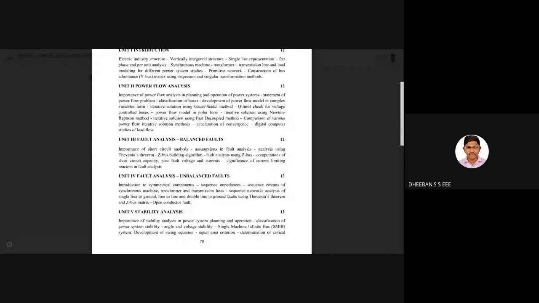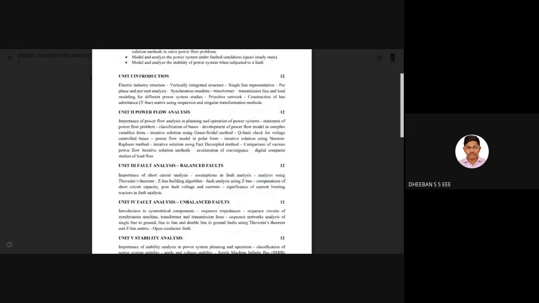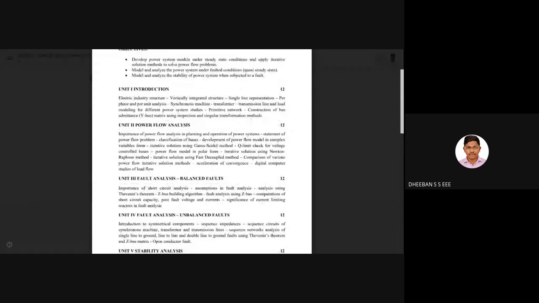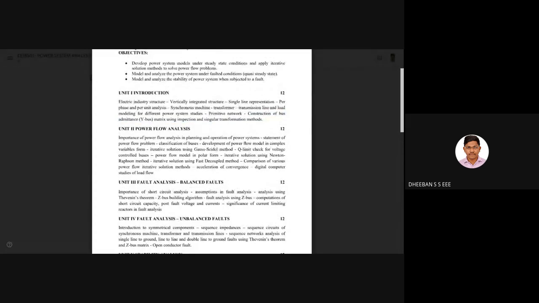Don't get confused: the Z bus building algorithm is in the third unit. Here you can see it is in the third unit. And over here we have completed up to this one, up to the Q limit check for voltage control buses. Up to this, it is entirely there for your unit CAT exam one.